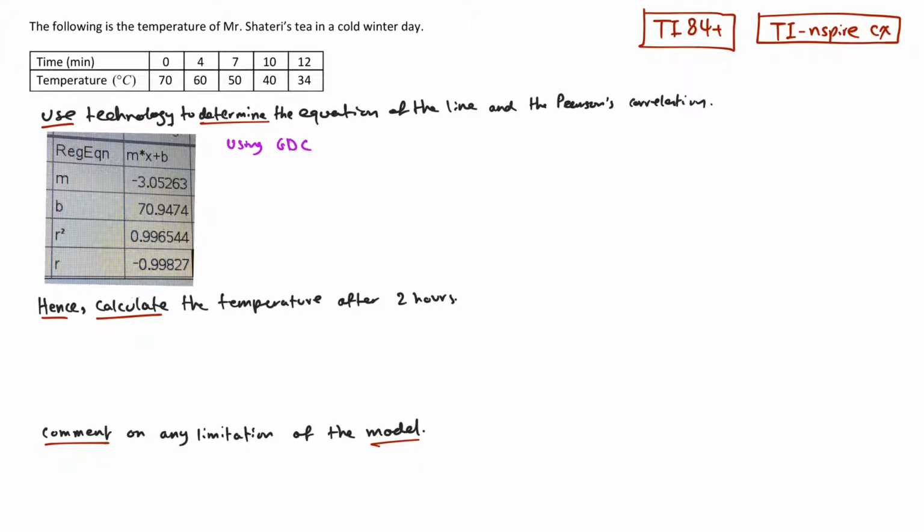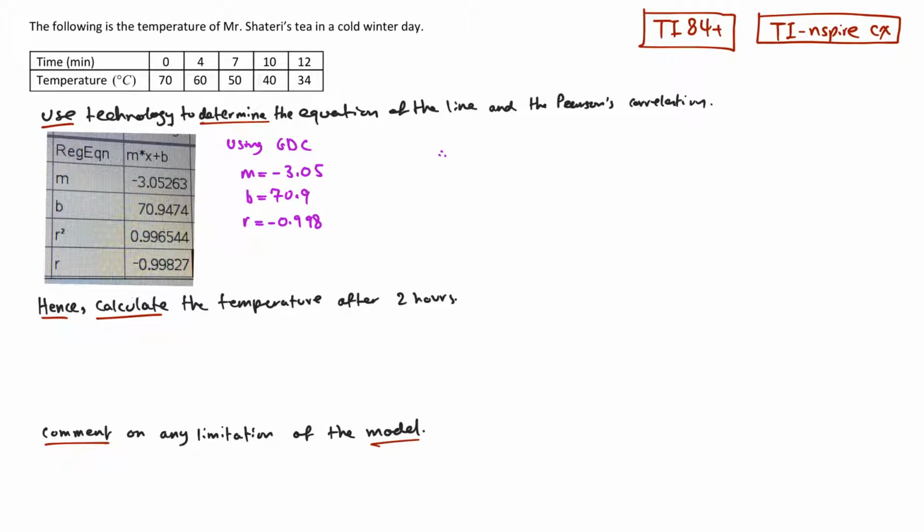GDC stands for Graphing Display Calculator. m was equal to negative 3.05, and I will write in three significant figures. b was equal to 70.9, and the r value was equal to negative 0.998. Again, everything in three significant figures.